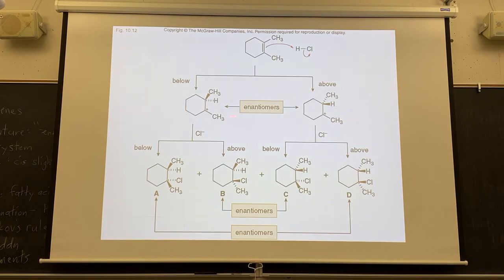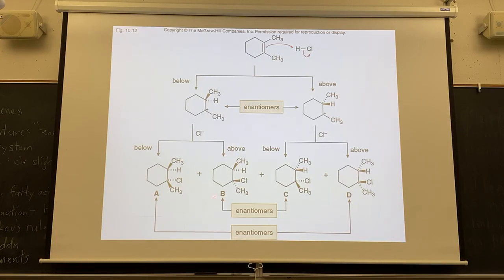And so we produce enantiomers because this alkene is protonated from above and below at the same rate. But then when the chloride attacks the carbocation, because this carbocation is chiral, it is more hindered on one side versus the other. And so we said that with the one on the left, the chloride approaches from the bottom faster than it approaches from above, meaning that A is major over B.